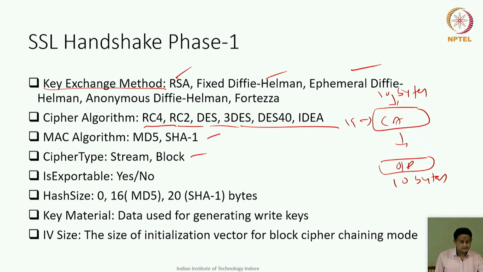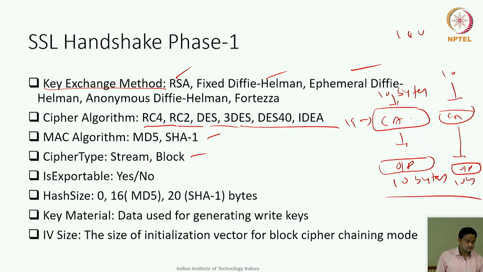So if I have 100 bytes of total data given by the application, all I do is take 10 bytes at a time, give it to the cryptographic algorithm and generate 10 bytes. The second 10 bytes are again given to the algorithm, the same encryption happens, and you get another output, another 10 bytes.